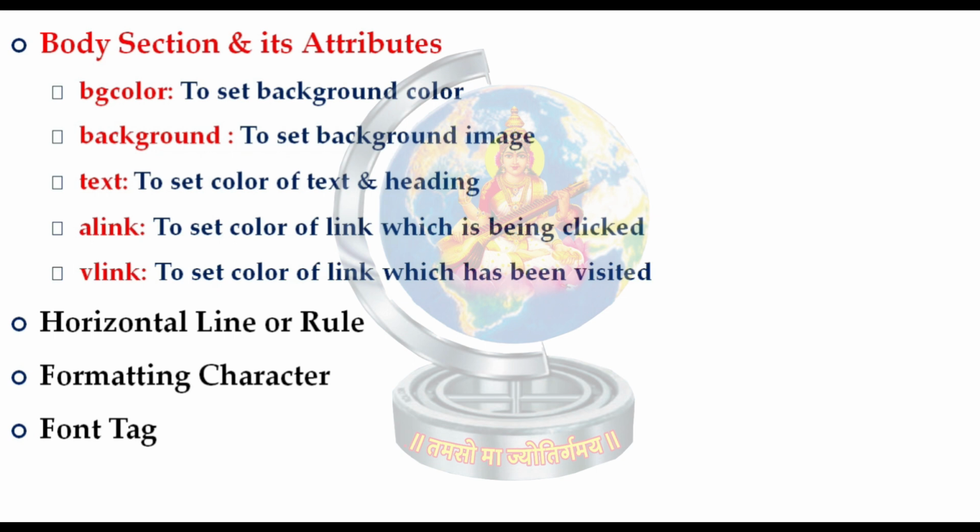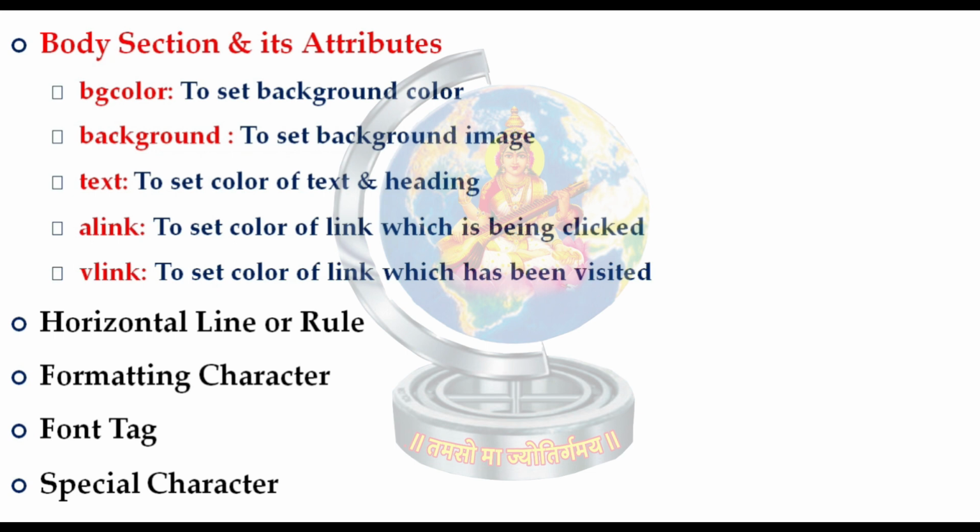In the text attribute we have seen that we can change the color, but that color will be applicable to your whole page. We cannot change the color of multiple words or multiple paragraphs, giving separate colors to separate text. That can be done with the help of the font tag, which we will see in that particular topic. And the last topic we will see in this chapter is special characters.